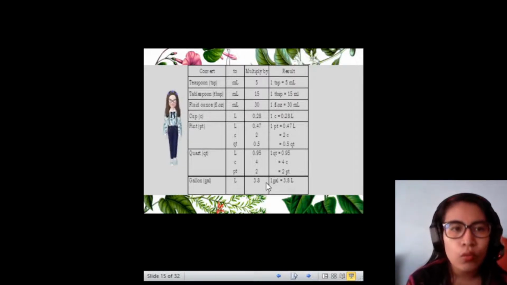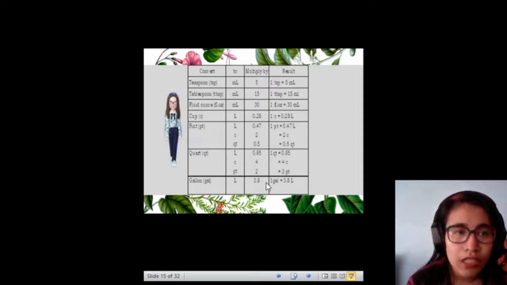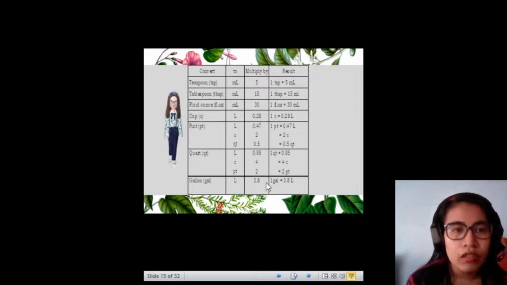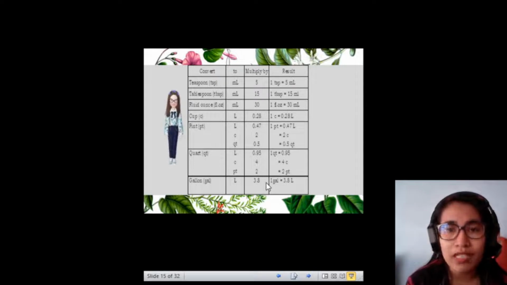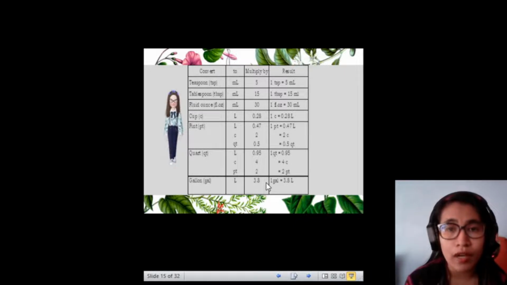Cup to liter, 1 cup is equal to 0.28 liter. Pint can be converted into liter, cup, quart. So for the liter first, 1 pint is equal to 0.47 liter. 1 pint is equal to 2 cups. 1 pint is equal to 0.5 quarts.